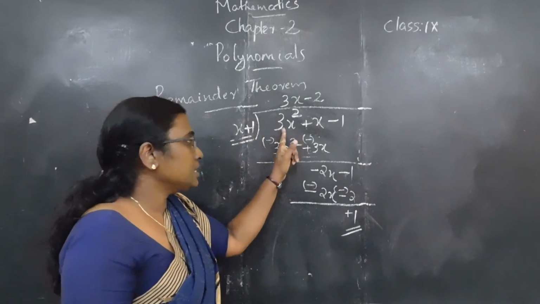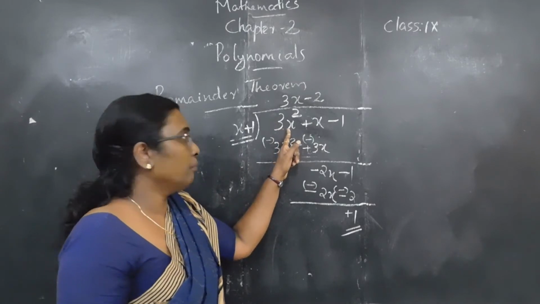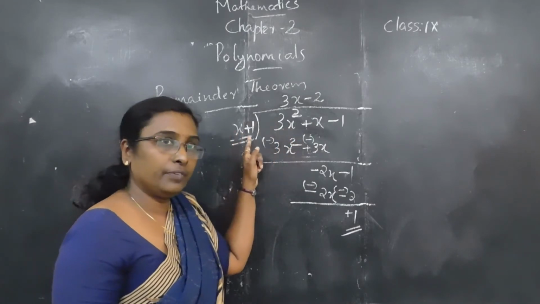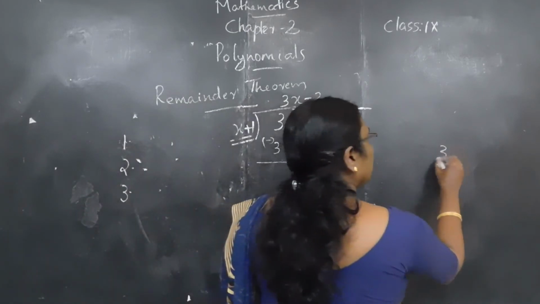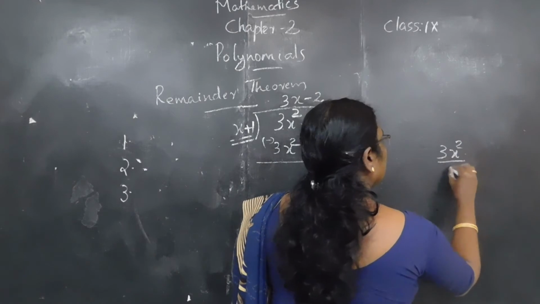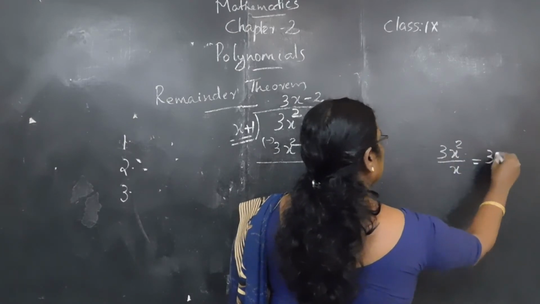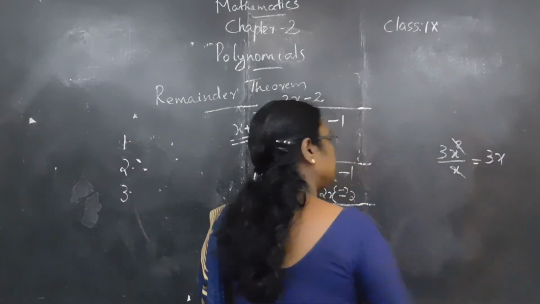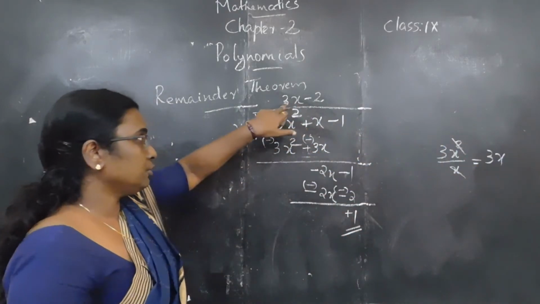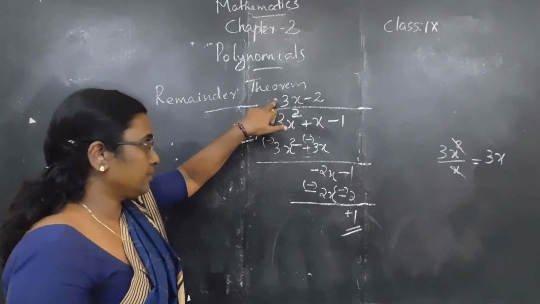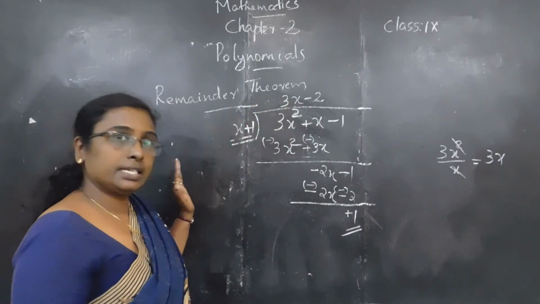divide the first term of this dividend by the first term of the divisor, that is 3x square divided by x. We get 3x. X and x get cancelled, we get 3x. This 3x becomes the first term of the quotient. Then this is the second step.